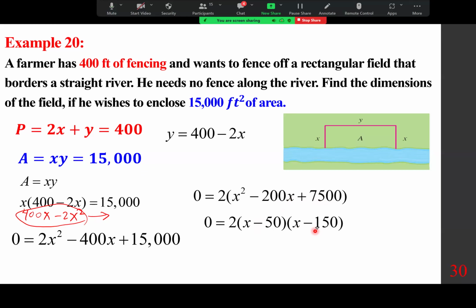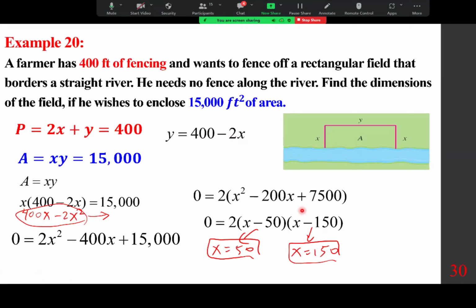So let me make sure everybody understands what happens next. So either x is 50 or x is 150. So if it is 50, I want to see if it works. If x is 50 and I put it here, then this must be 400 minus 2 times 50, 300. So it should be 50 by 300.